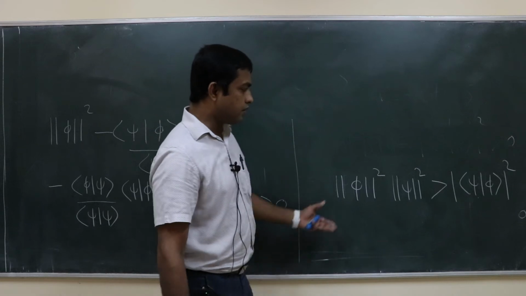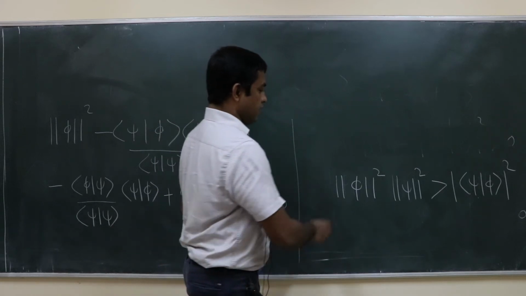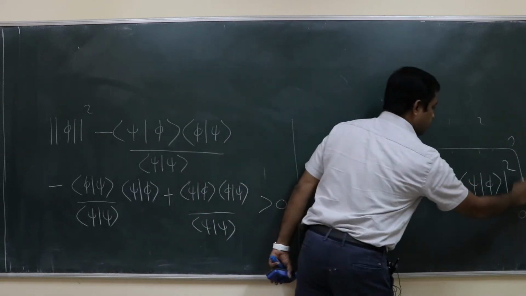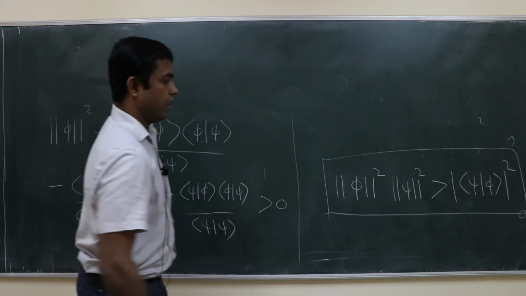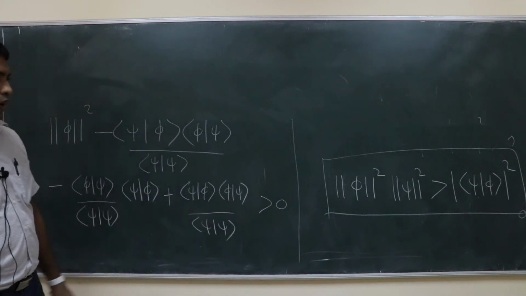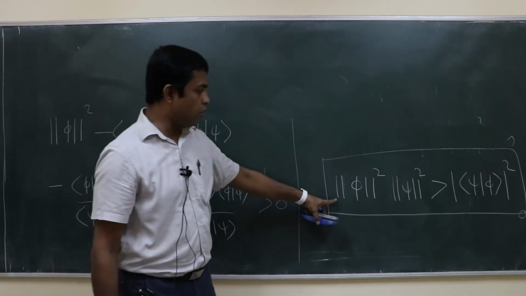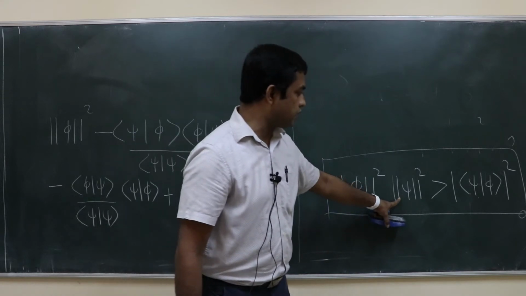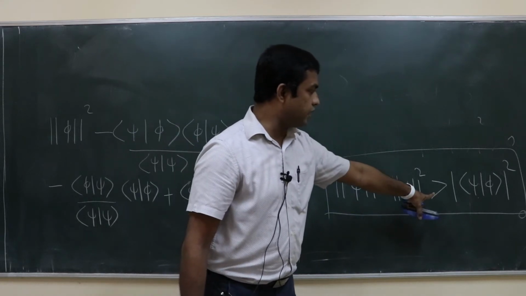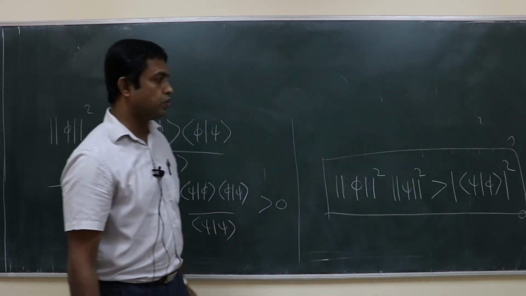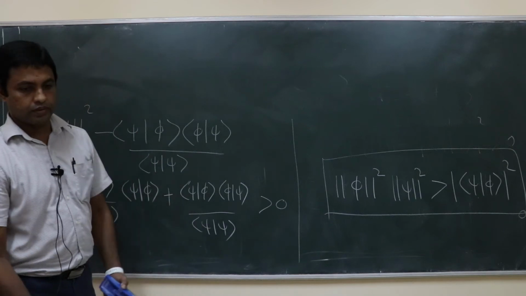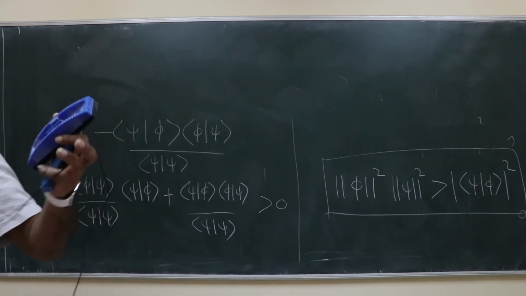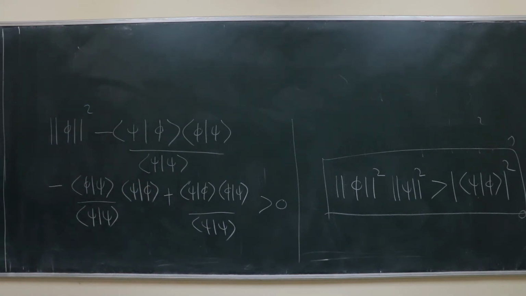Okay, so this is basically the Cauchy-Schwarz inequality. So what is it basically? The norm square of one vector into the norm square of the second vector is always greater than the inner product of those two vectors modulus square. Okay, this is a very useful formula or identity.